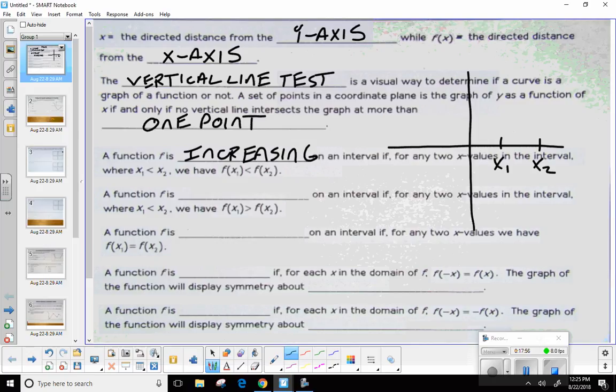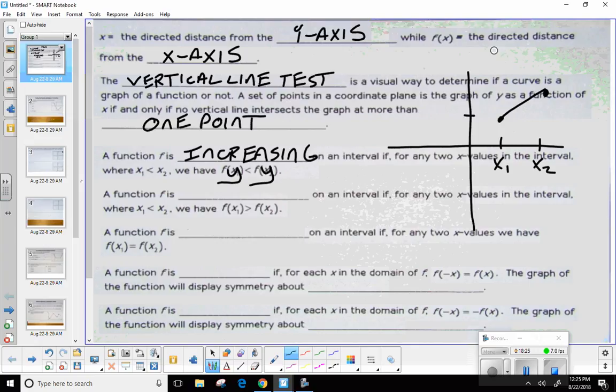It's just the y value. So this y value at x sub 1 has to be less than the y value at x sub 2. So let's say I have this y value here that corresponds to x sub 1. Well, I know that the y value for x sub 2 has to be larger. So we just go ahead and draw it higher. So you'll notice, what is it doing? It is increasing. Okay, very good.